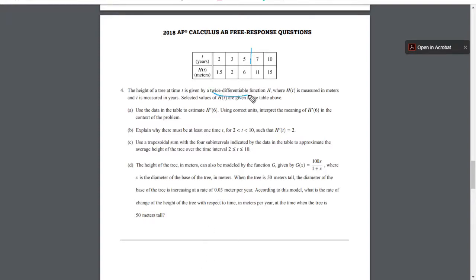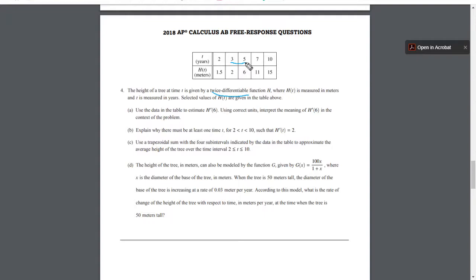So we're thinking there must be a time where the average rate of change is equal to 2. It's clearly not between 2 and 10, which is our first try. That's 13.5 over 8, which is not 2.